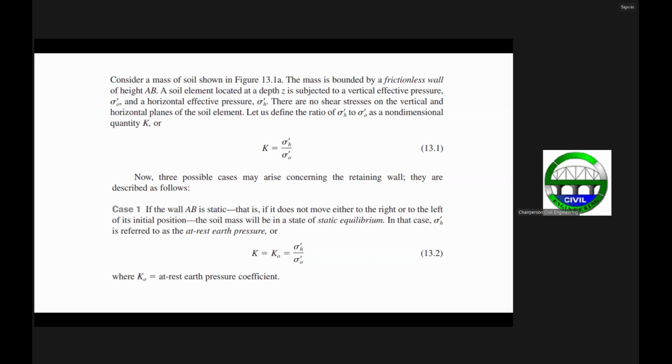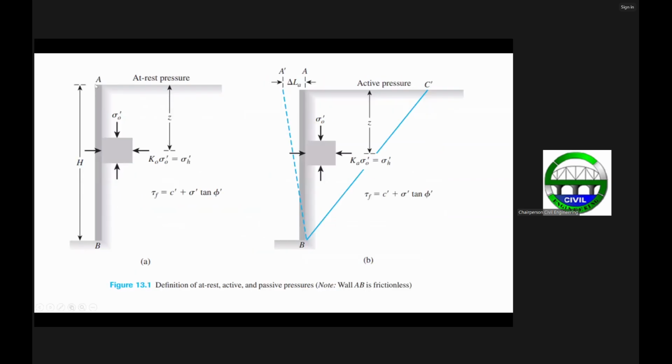The first case is when the retaining wall is static. That means there's no movement either to the right or to the left of its initial position, so the wall is in static equilibrium.